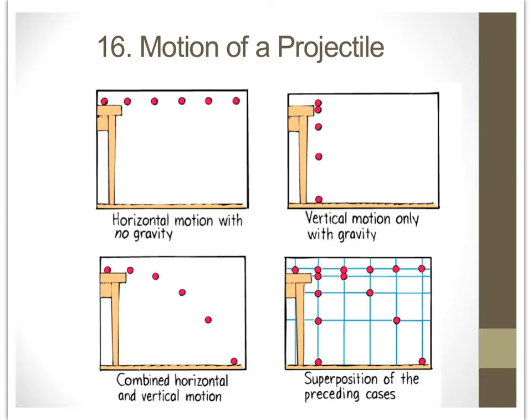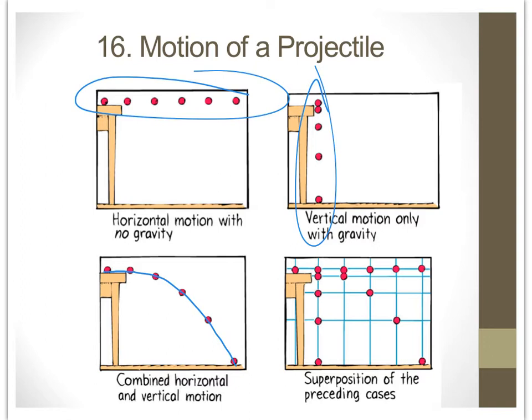This is what we get if we have an object rolling off of a table and undergoing projectile motion. What we see is that the path taken by the projectile is really a combination of this horizontal and this vertical. At this point here, there's its vertical position, there's its horizontal position. Then we have vertical and horizontal, vertical and horizontal.